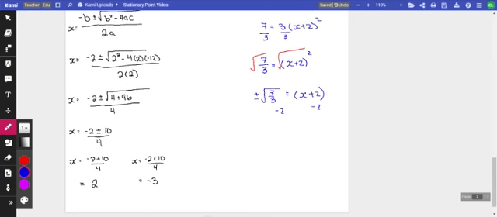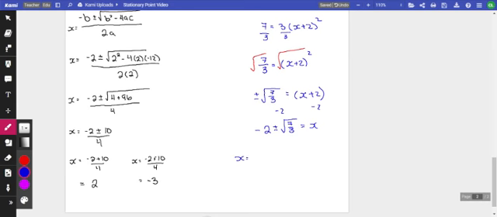I tend to like to write this in the front just so it kind of looks in the same form as this. So we're going to have negative 2 plus or minus the square root of 7/3 is going to equal our x. So once again, you can see we have two x's.